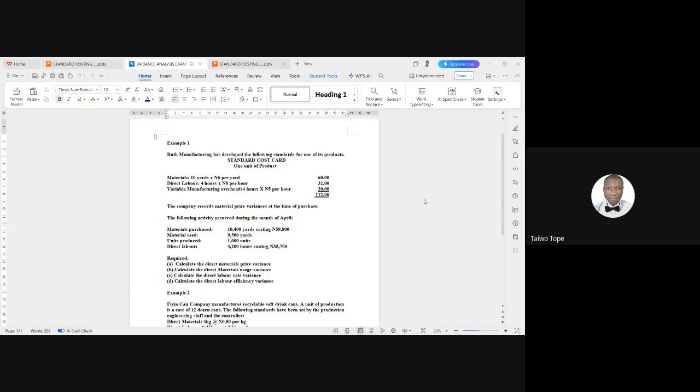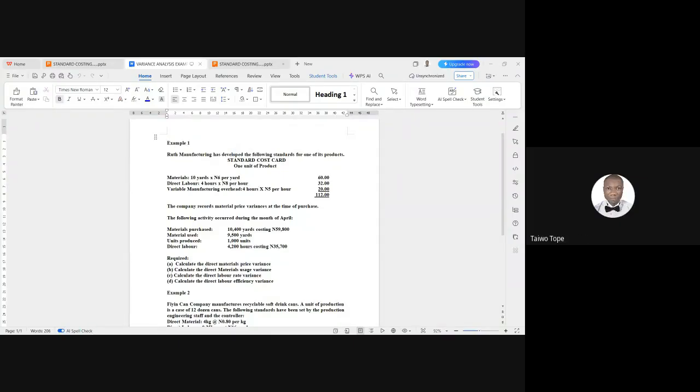You see this analysis I've done. That is how I always want you to look at questions. Whenever you see a question on variance analysis, they will give you in some the total, and you need to get it in units. You understand? And you must always see that it's not all you purchase that you always use. So you can see material purchase, material use.